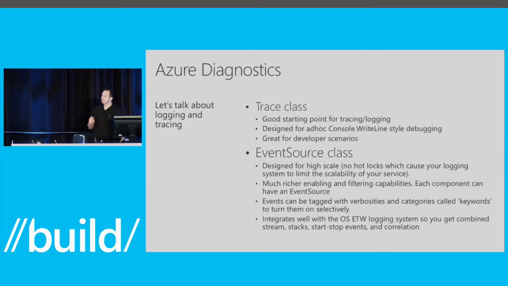Okay, so now we've talked about how Azure Diagnostics is set up in Visual Studio, how to use the trace class, and how to enable logging for startup issues. For those of you who are familiar with ETW event source, that's another way of implementing logging.